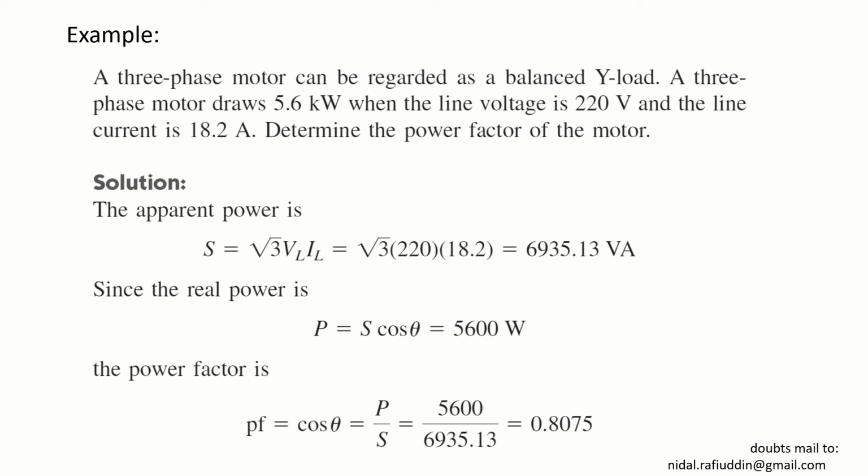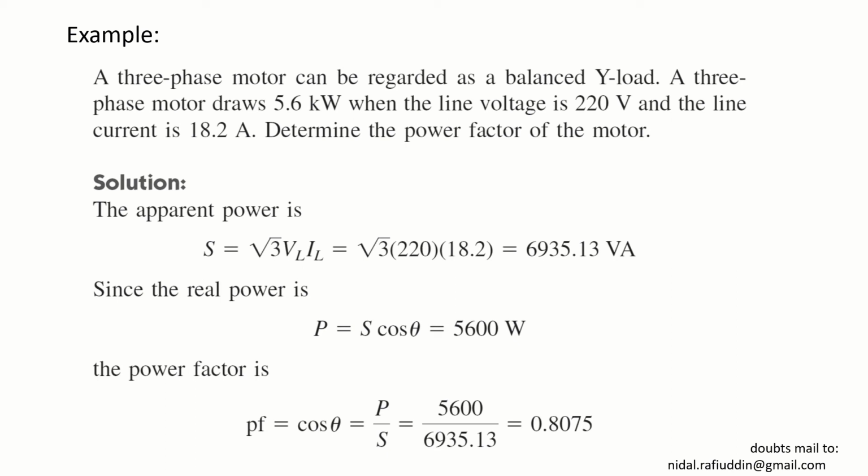So substituting the value of P and S in this expression will provide us the value of cos theta, which is the power factor. So the power factor is cos theta equal to P by S. P is given, S is given, and we obtain cos theta as 0.8075.